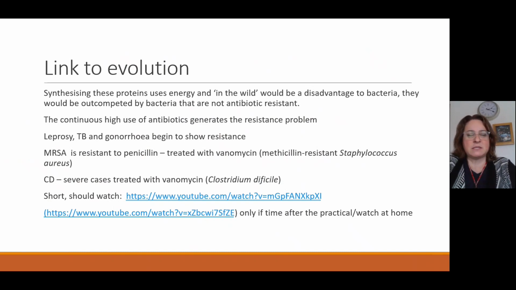There's no point in wasting ATP to produce such a protein. So antibiotic resistance is actually against the normal evolution, but we've given it a new environment and therefore different environmental pressures. Now, the continuous use, the high use of antibiotics, and that's farming as well, generates that resistance problem.